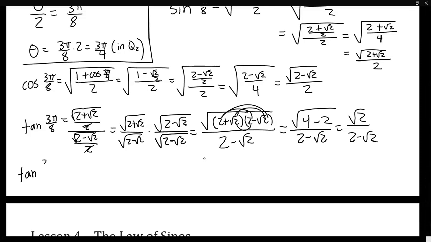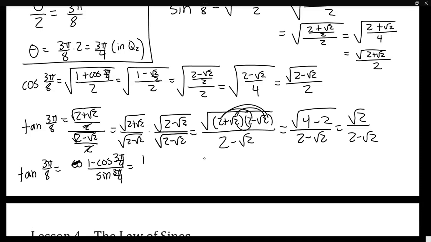So the other way is tangent 3 pi over 8 is 1 minus cosine 3 pi over 4 divided by the sine of 3 pi over 4.